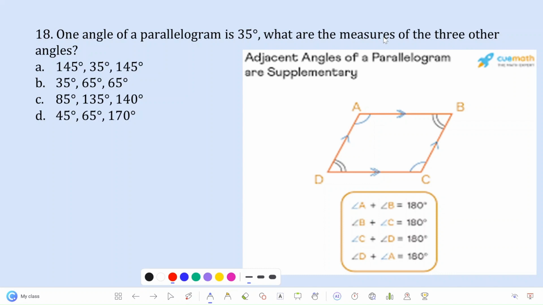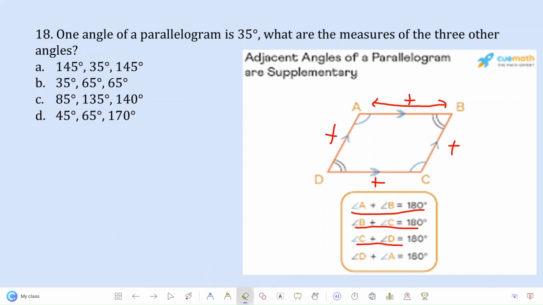So, meaning, pag pinag-add mo ang A plus B is equal to 180 degrees. Kapag pinag-add mo na rin ang B at C is also equal to 180 degrees. At C and D, 180 degrees din. And lastly, ang D tsaka ang A, 180 degrees din.